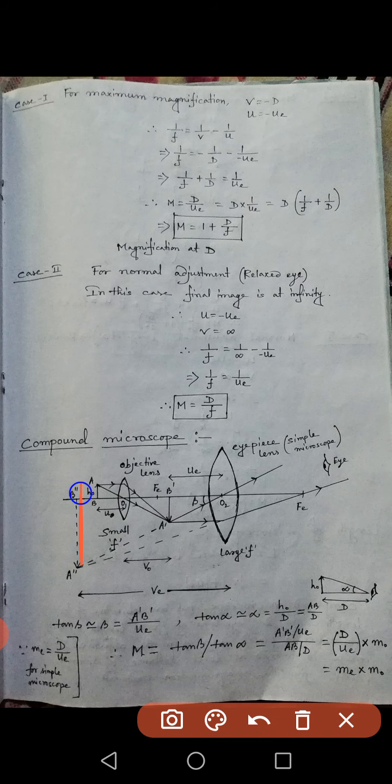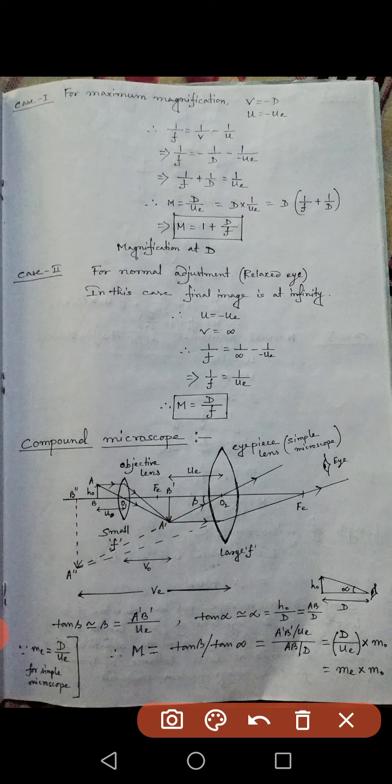Because this is the final image, and our eye position, though I have drawn the eye here, generally while drawing the angle we consider that our eye is somewhere at the optical center of the lens. So this image at the optical center, how much angle is it subtending? It is forming beta. So this is the beta angle.